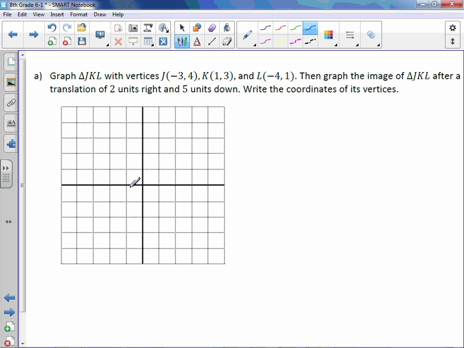So we have J at (-3, 4). We have K at (1, 3). Make sure you put a point and then just label with your letter next to it. And then we have L at (-4, 1).